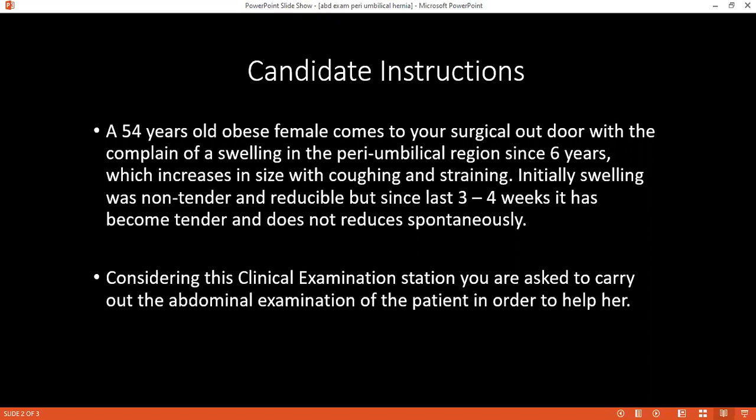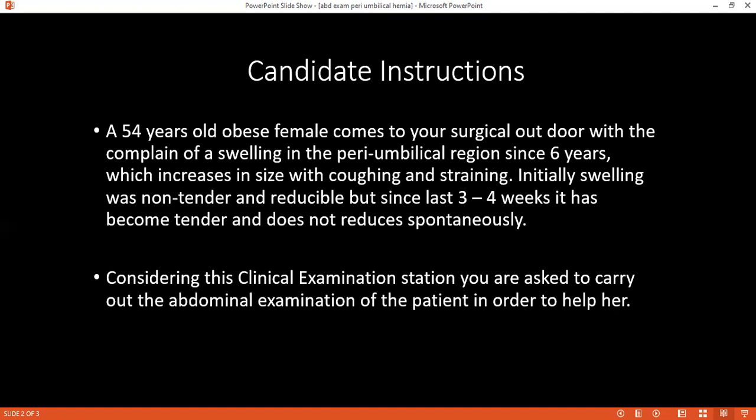The swelling is about 4 by 4 centimeters. It is not fluctuant and not pulsatile. There is no bowel sound over the swelling. The liver and spleen are not palpably enlarged, and the kidneys are not ballotable.